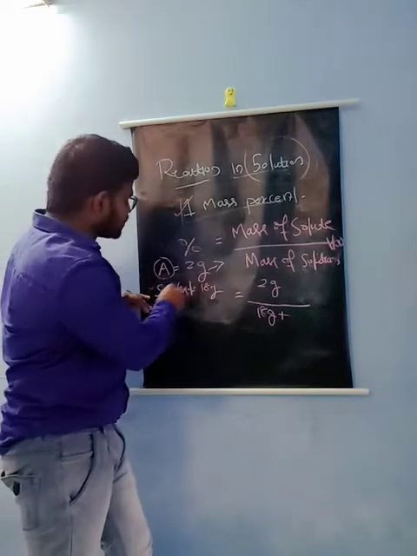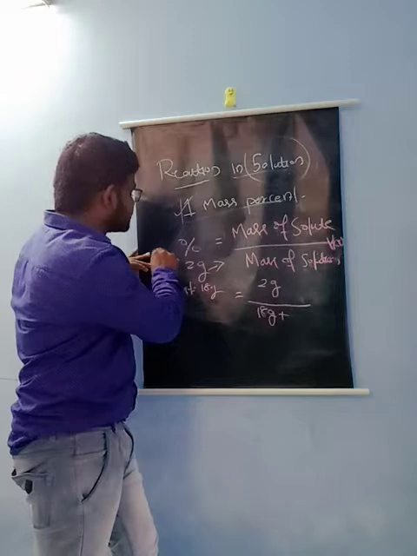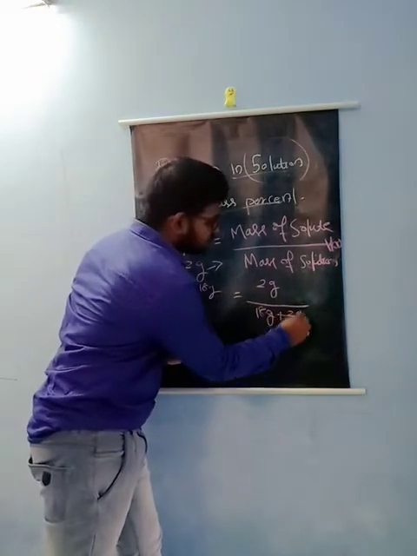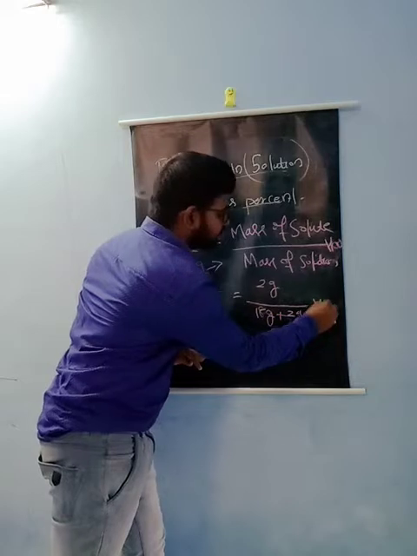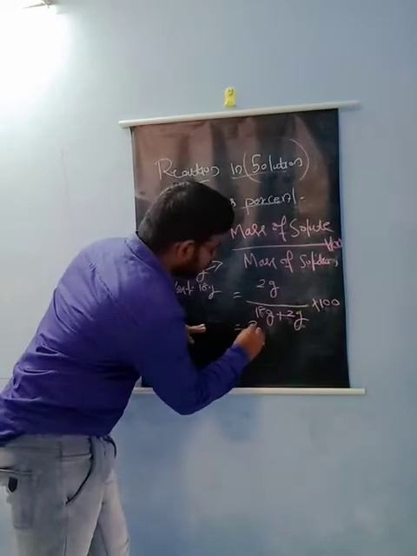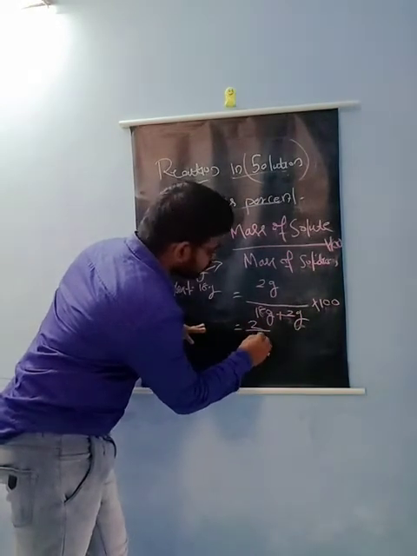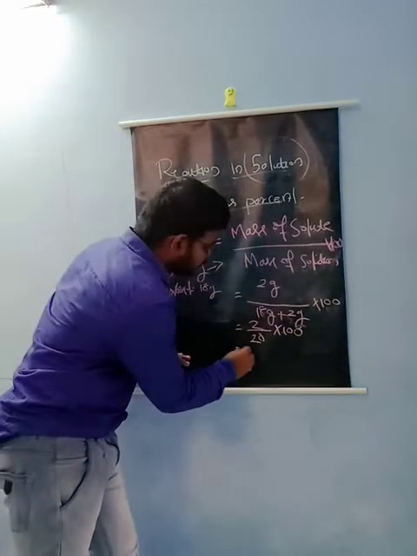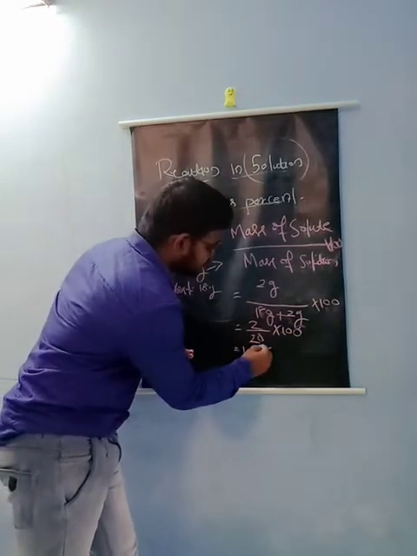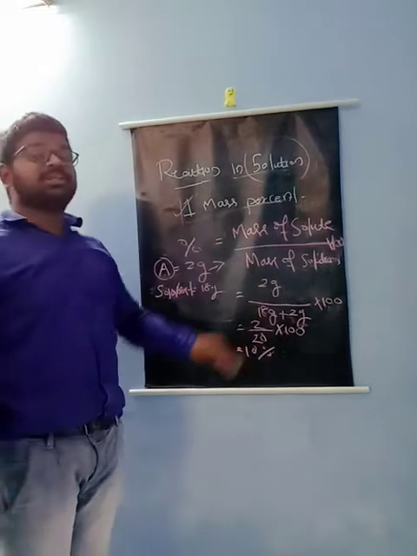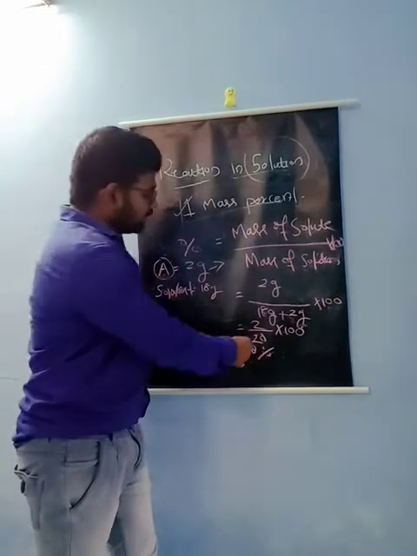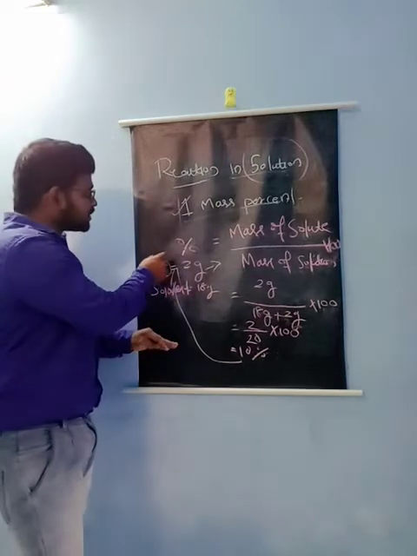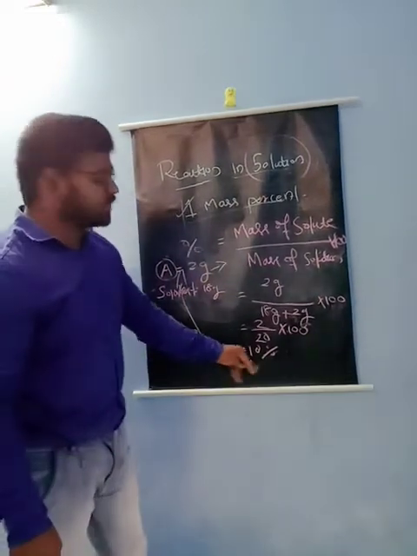This 18 gram is solvent mass and A is the solute. So the mass of the solution is equal to 18 gram plus 2 gram, into 100. So 2 by 20 into 100. So it is equal to 10%. So in a particular solution, the percentage of solute A is 10%.